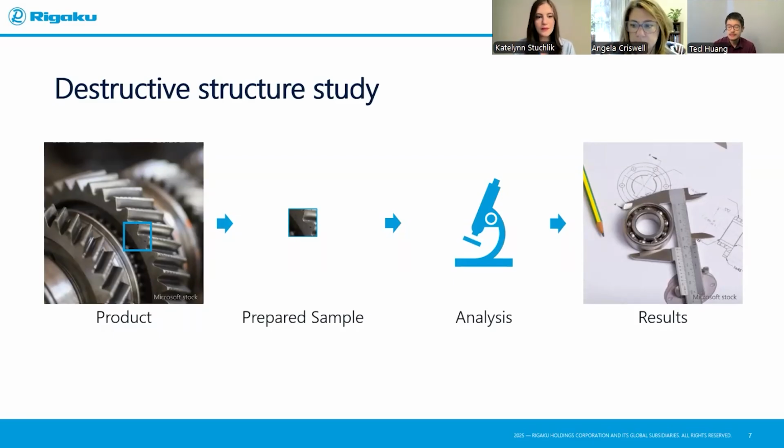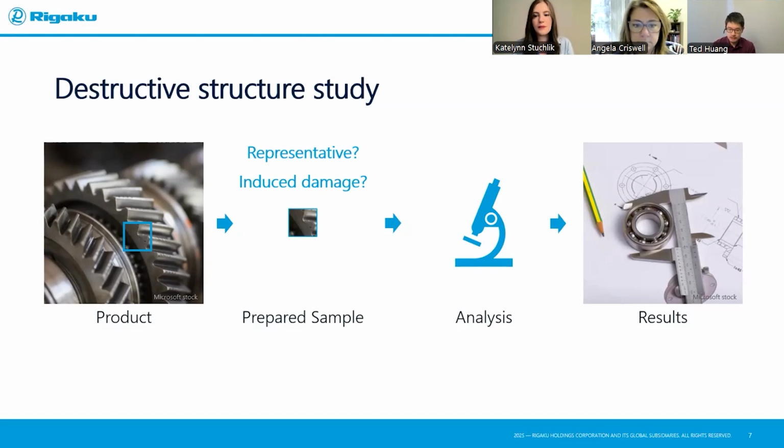But usually at the second step here, the preparation of sample, you will encounter a lot of challenges. The first one, the obvious one, is: is it even representative of my product? Because it is a cut small sample, it's not your actual product. And sometimes you will wonder, did I actually do some additional damage to the structure during that process?